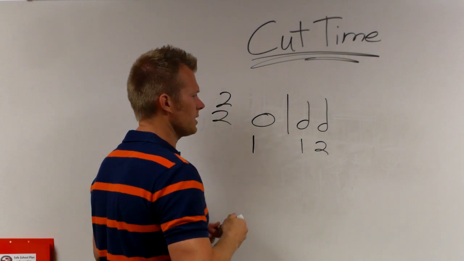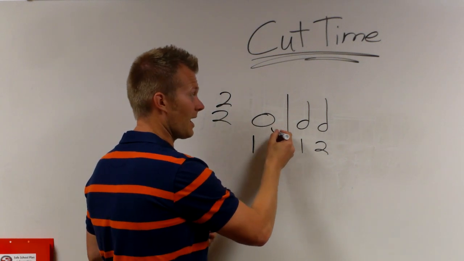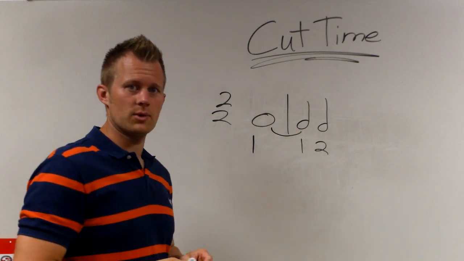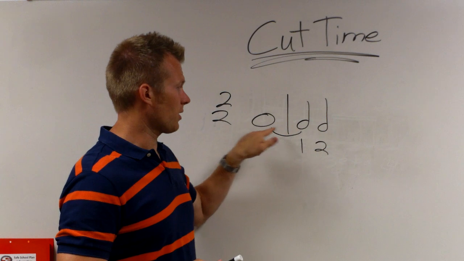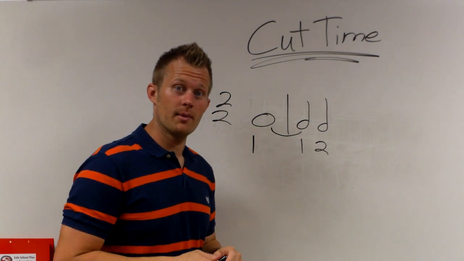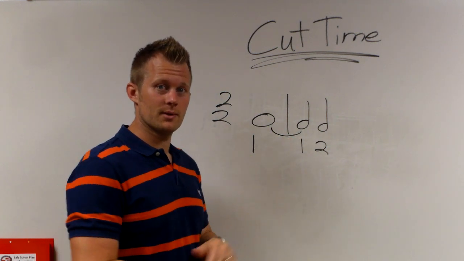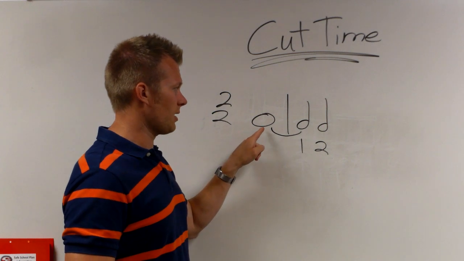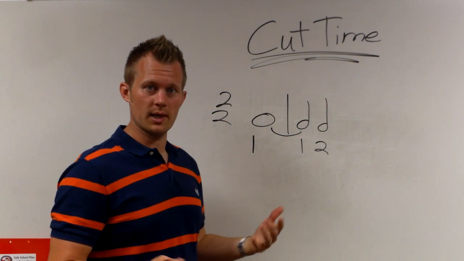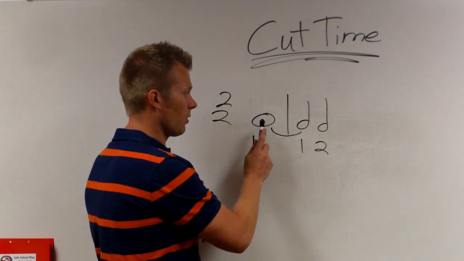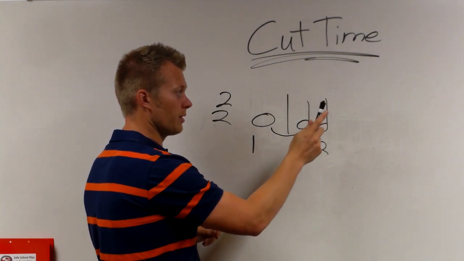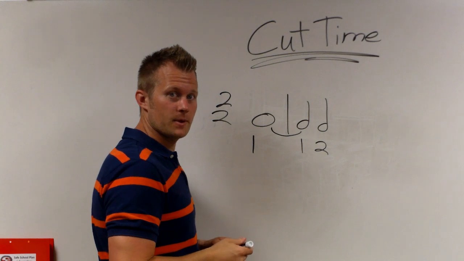Now, a lot of times what you'll see is ties over the measure to increase the duration of the note. So a whole note plus a half note in cut time is going to get 3 beats, because we normally would have 6 beats here, right? 4 plus 2 equals 6. We're going to cut it in half, so that will equal 3. So it's going to be 1, 2, 3, 1, like that, okay?